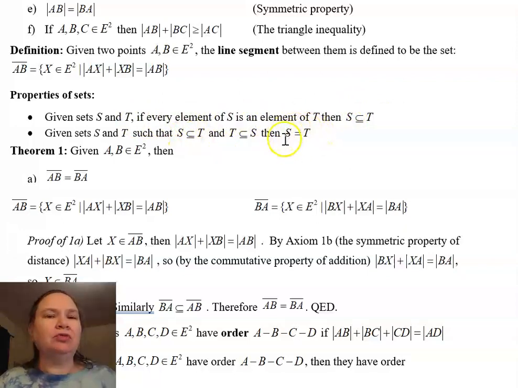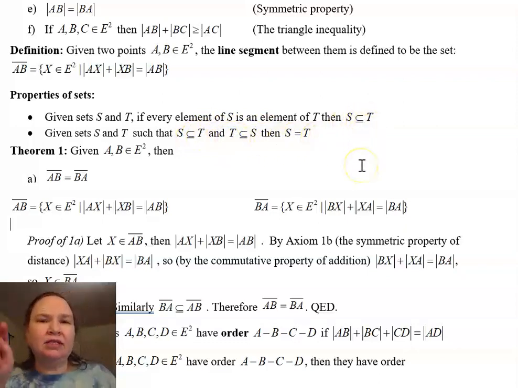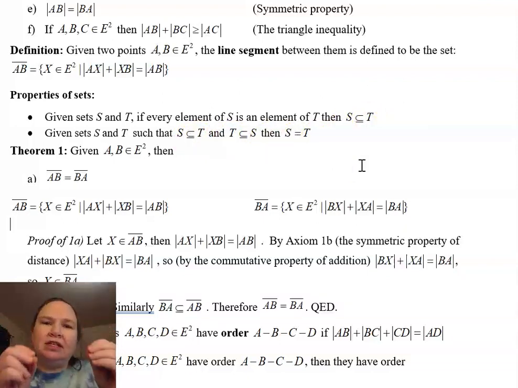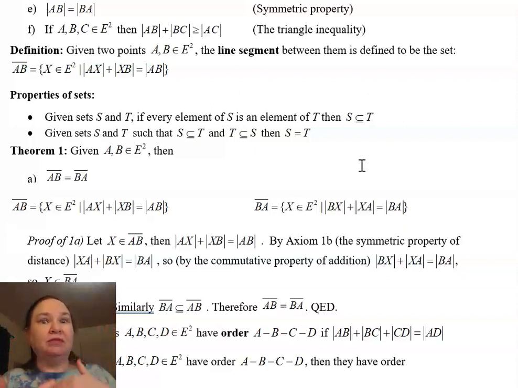And if I want to show that two sets are the same set, one way I can do that is to show that S is a subset of T, everything that's in S is in T, and then show that T is a subset of S, everything in T is also in S. I put this extra line under my subset notation to emphasize that when I say subset, I don't mean proper subset. So every set is a subset of itself.